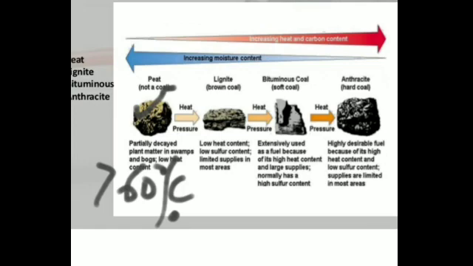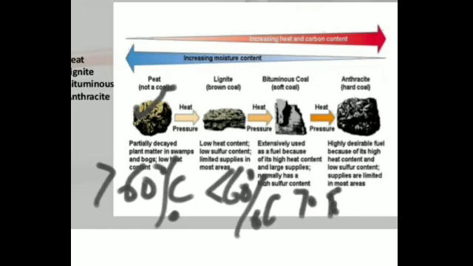Again this is subjected to high temperature and pressure, and it is converted into lignite, which is brown and contains more than 60% of carbon. Again, it is converted into black bituminous coal, which contains 70% to 90% carbon. You can see over a period of time how the amount of carbon is increasing.